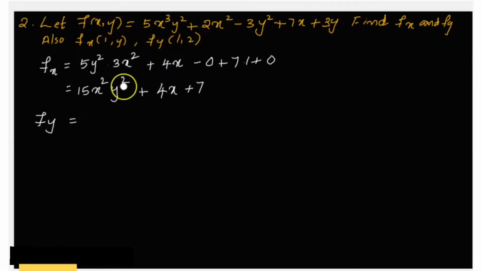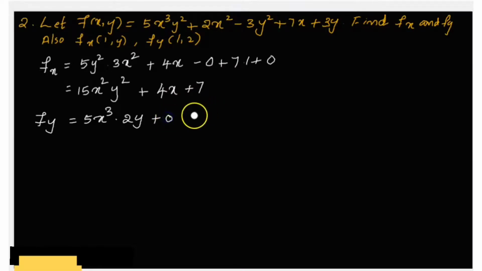For fy, in the first term we are differentiating with respect to y, so x is constant, so 5x³ into the derivative of y², which is 2y. The next term 2x² is constant with respect to y, so this term's derivative is 0.